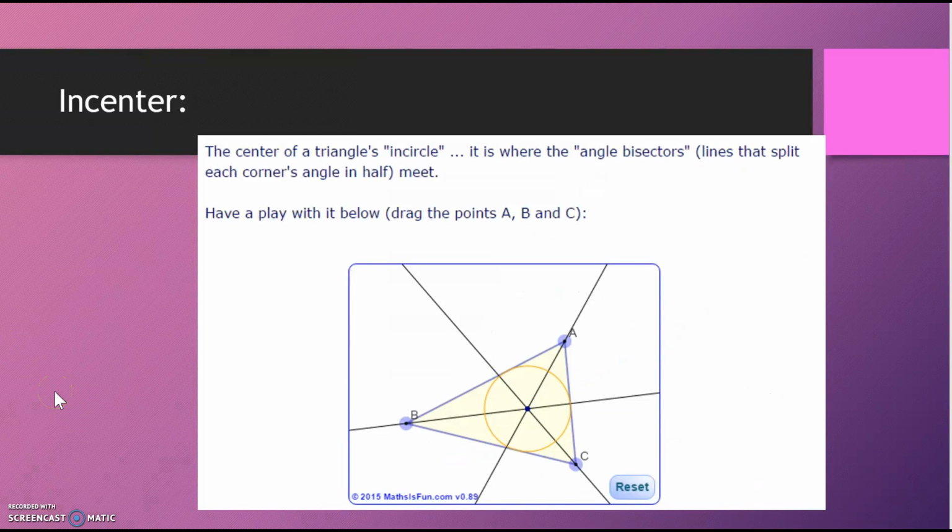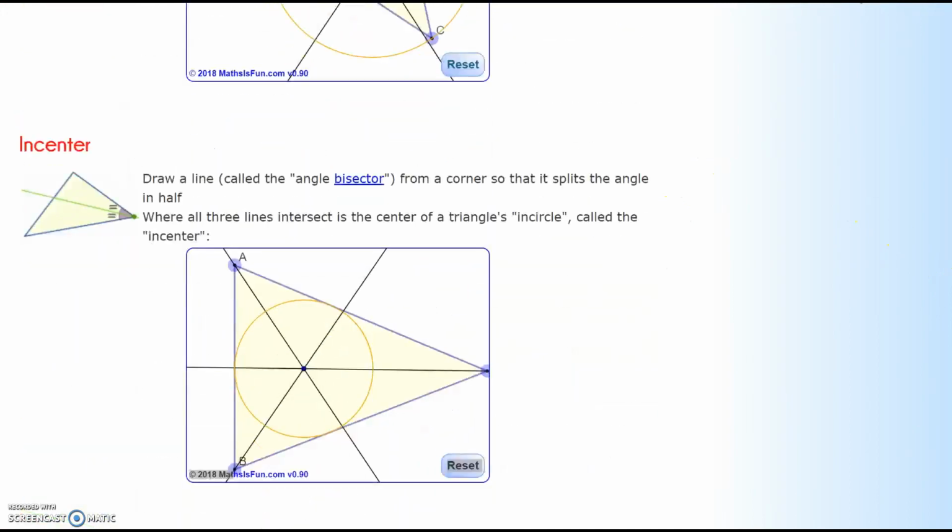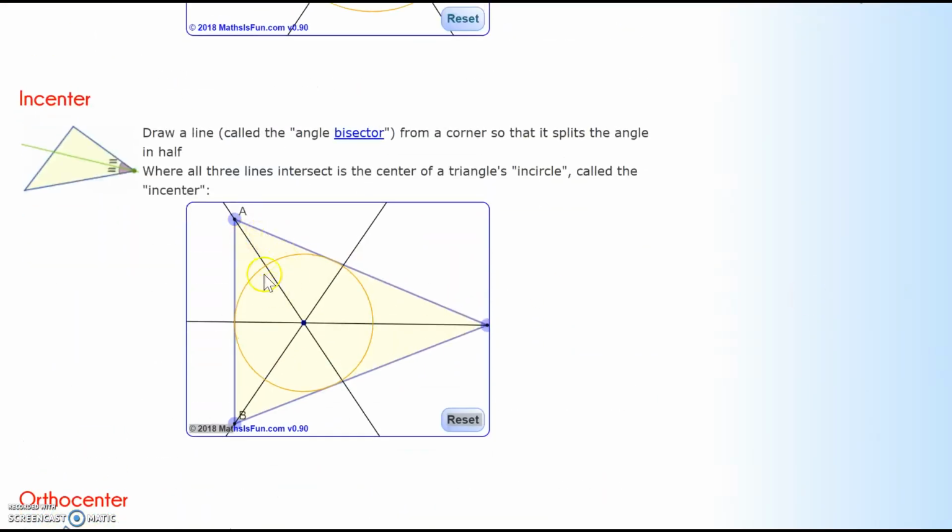Alright, the incenter, the other center we're going to talk about, is the center of the incircle. It's where these angle bisectors meet, splitting each vertex into two equal angles. And we can play with that one a little bit. So there's the incenter.